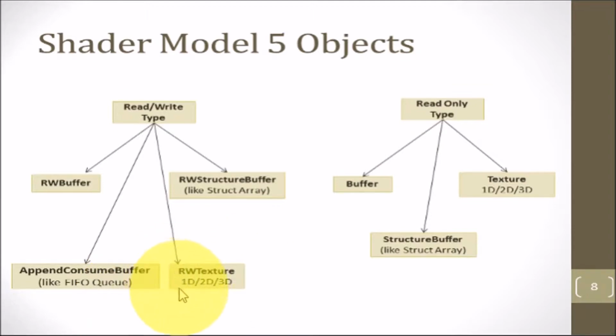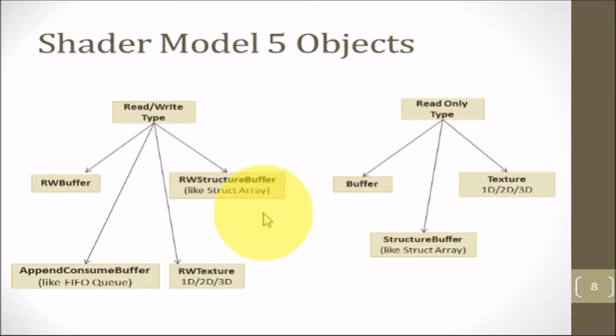Now other is the texture read and write buffer, which is 1D, 2D or 3D. This is when you want your algorithm to output something into a texture, and you want to use that texture for rendering purposes in your algorithm. Then there is a read write structure buffer.